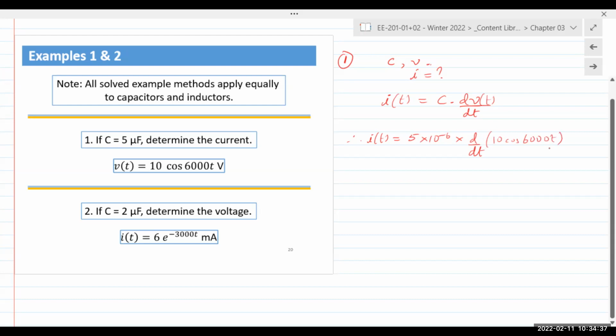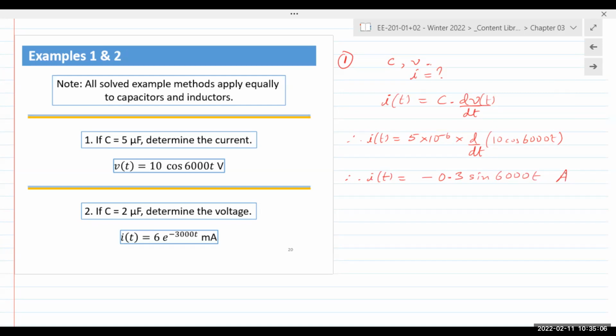Derivative of cos is minus sine. We take the minus sign outside up front. We reduce the expression, and we should be able to get, what do we get? Minus 0.3 sine of 6000 t amps.